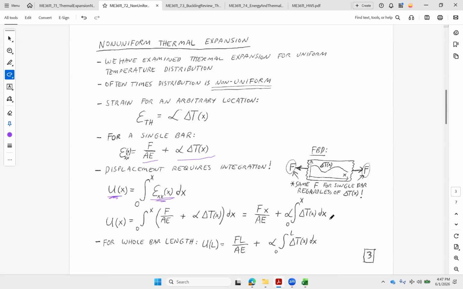So same force regardless of what the delta T distribution is. That's an important part, that F over AE still comes out as a constant. So this becomes the displacement due to thermal expansion, and we see that it can vary based on the shape of delta T.